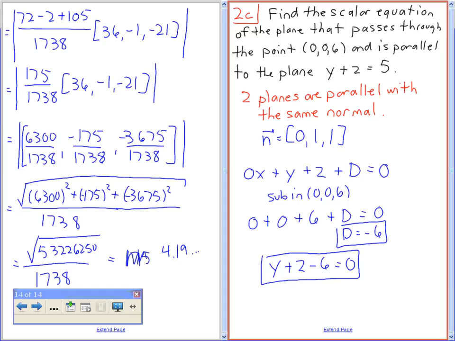With the scalar one, how do you know the line? That's a good question. It's going to be the equation of a plane because it's in scalar form.